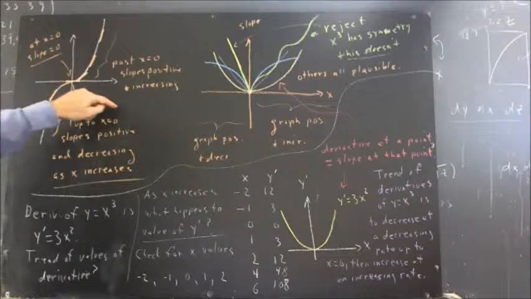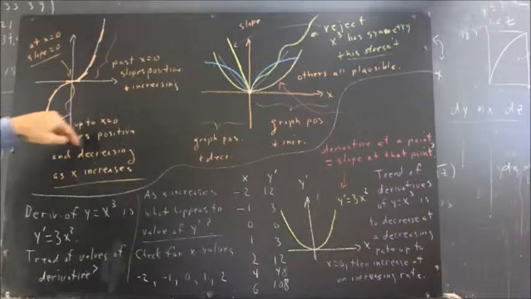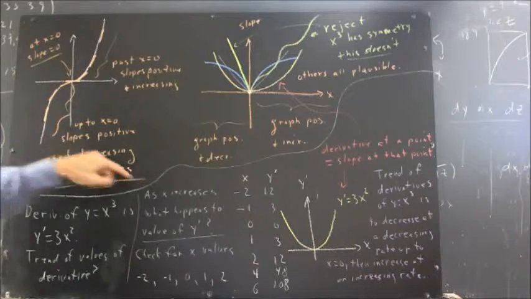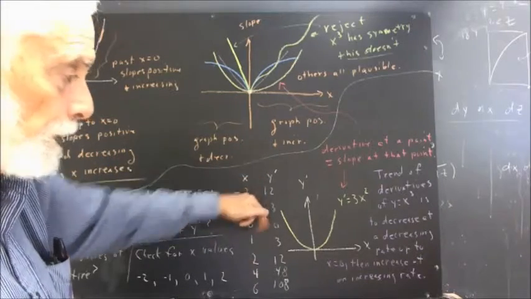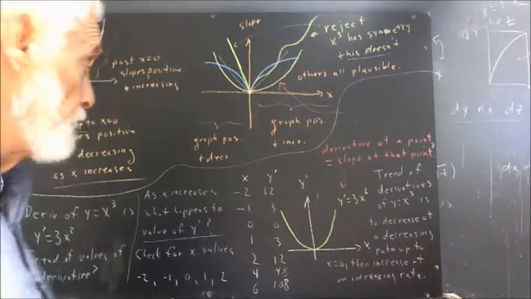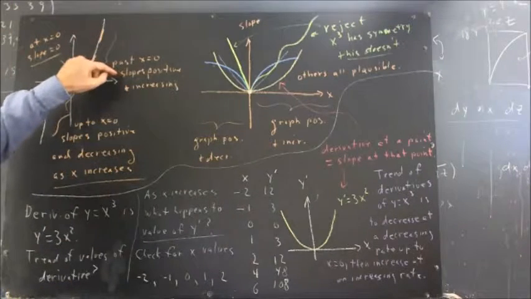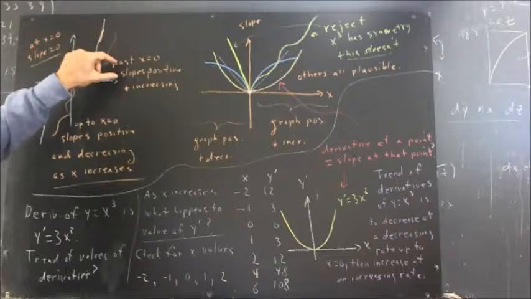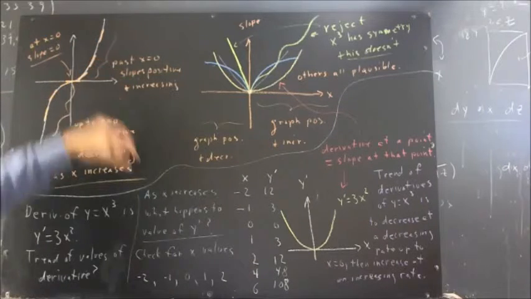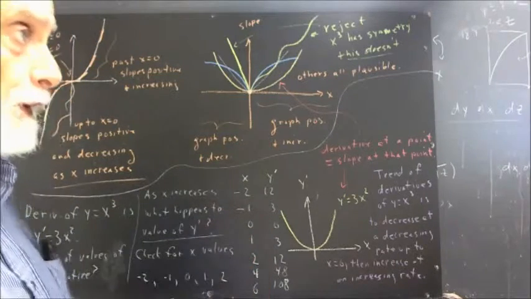Up to x equals 0, the derivatives are positive and decreasing as x increases. So as x is increasing, derivatives are positive but decreasing up to where x equals 0, and then past x equals 0, cross out the word slopes, derivatives are positive and increasing. Well, that's exactly what we see here.